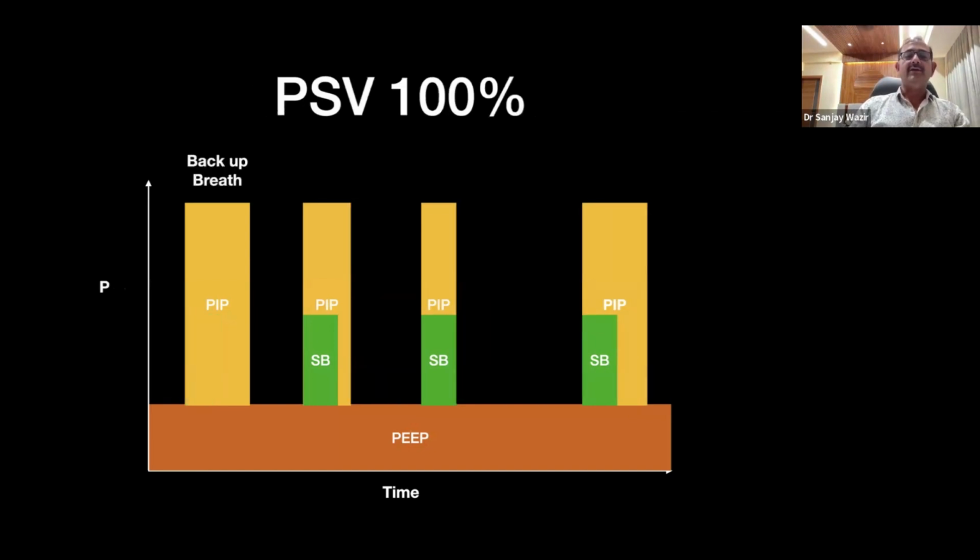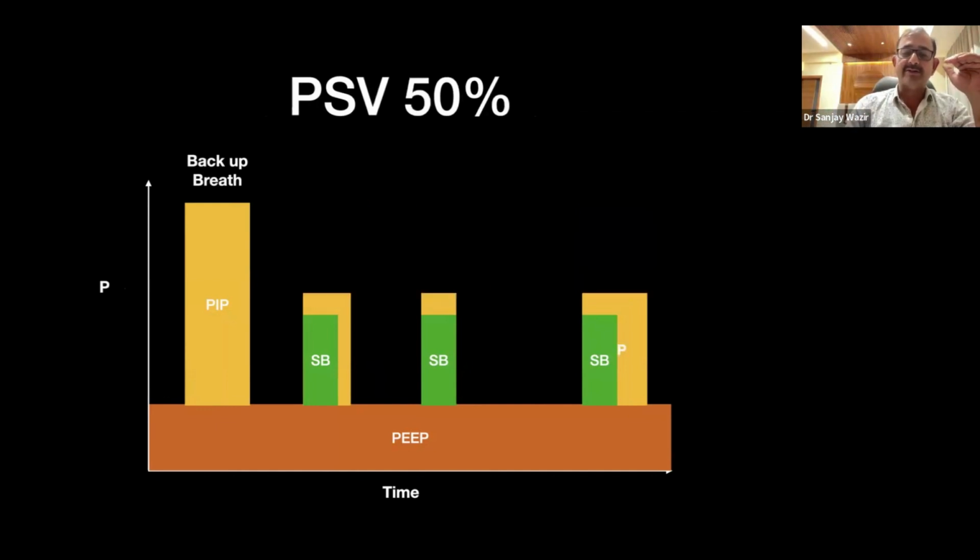Then there is pressure support ventilation. Pressure support is a pressure boost, which means I am breathing and the ventilator helps me by providing an extra pressure boost. It is almost similar to assist control. The only thing is that you can actually change the pressure setting.